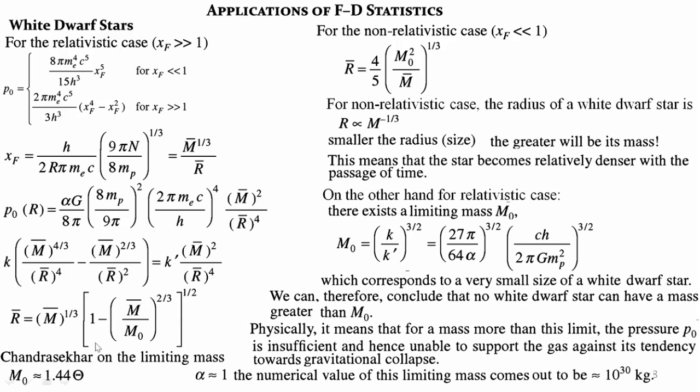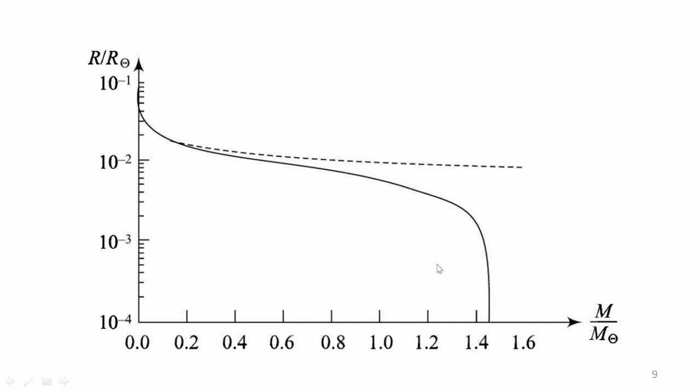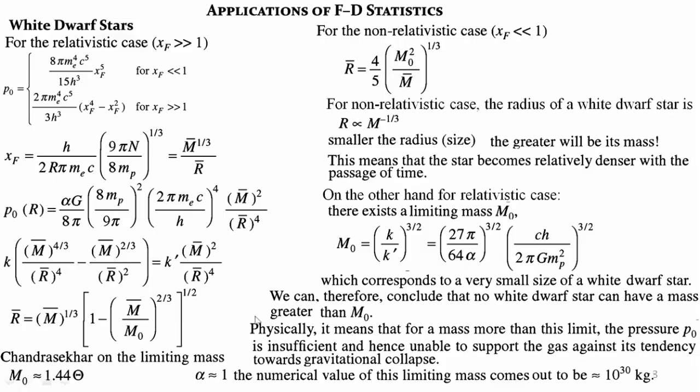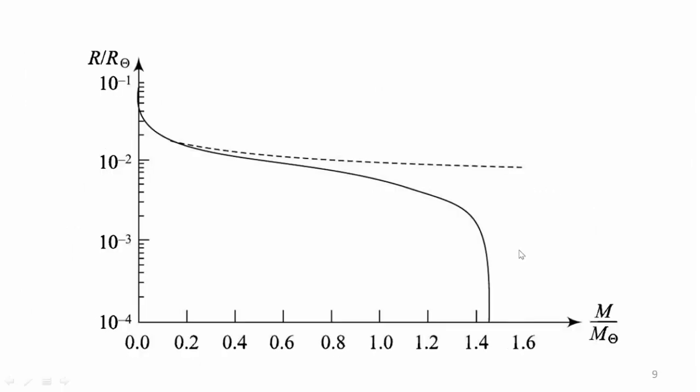You can try to write a Fortran program and obtain the plot for R bar. That would lead you to a plot looking similar to this one, and not exactly this one, because Chandrasekhar did some modification, which is not sitting here in this formula for m naught. Fine.